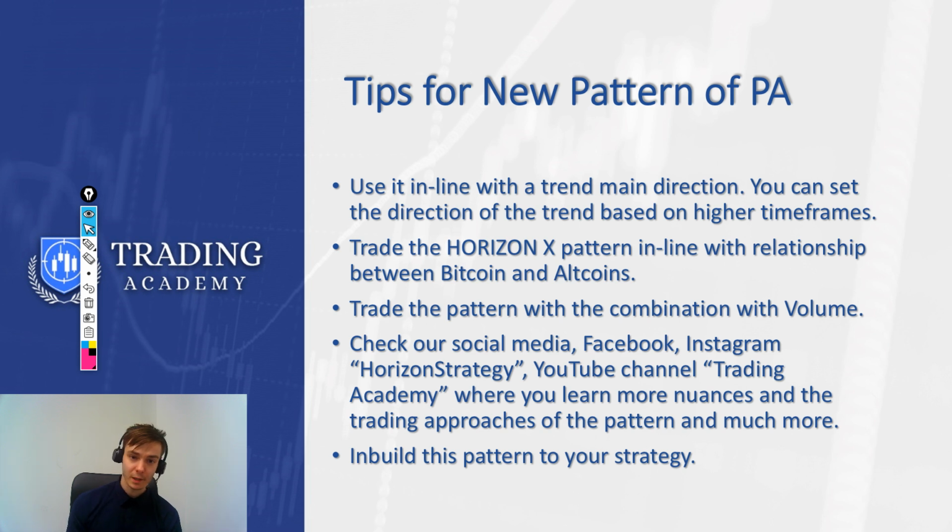It will impact the altcoin very much, and nowadays it is negatively. So if Bitcoin is going up, altcoins usually go down. So you need to be aware of the situation of Bitcoin. If Bitcoin is stable, altcoins are usually nice to trade. This is also one good piece of information which I shared with you.